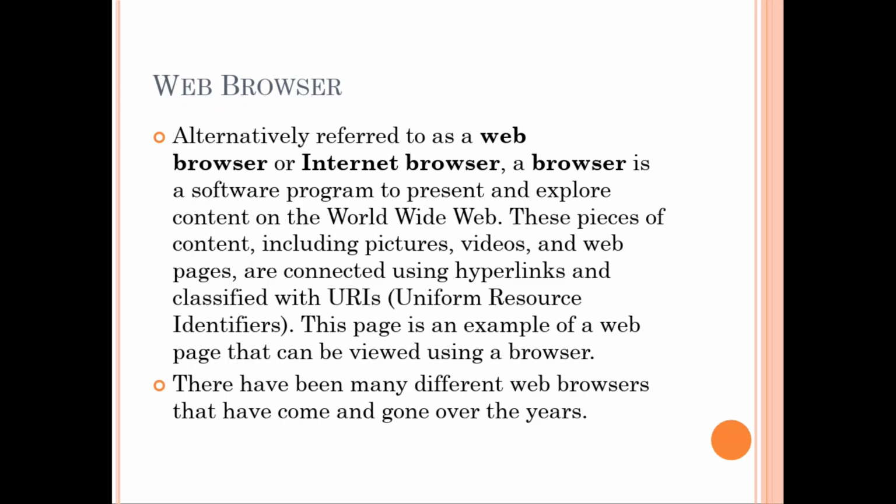These pieces of content, including pictures, videos, web pages, and hyperlinks, are classified with URIs, Uniform Resource Identifiers. The page is an example of a web page that can be viewed using a browser. There are many different web browsers nowadays.